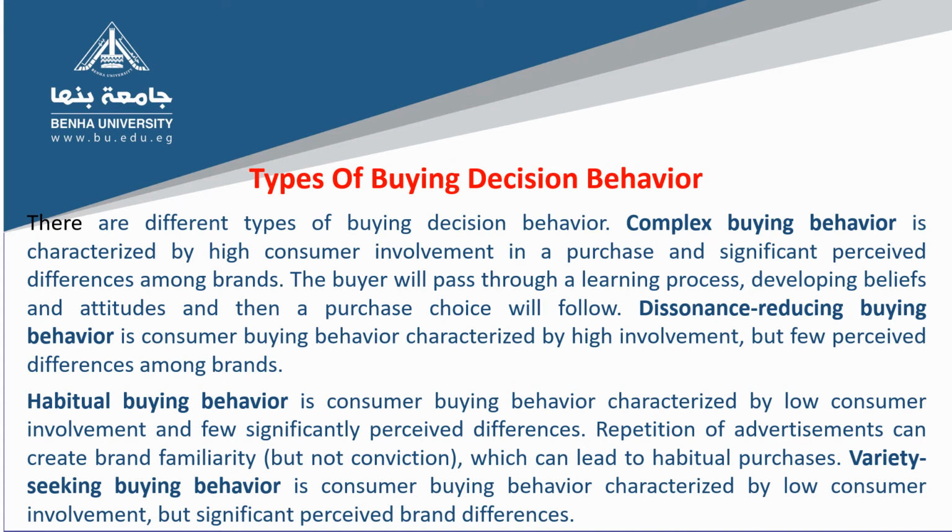First, complex buying behavior is characterized by high consumer involvement in a purchase and significant perceived differences among brands. The buyer will pass through a learning process, developing beliefs and attitudes, and then a purchase choice will follow.